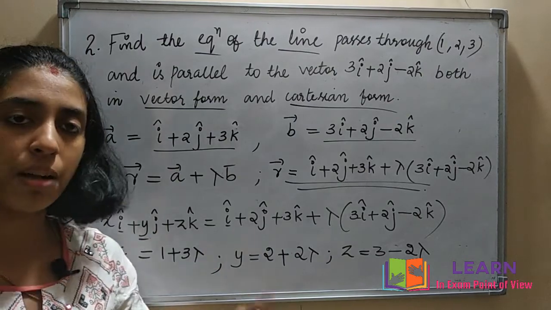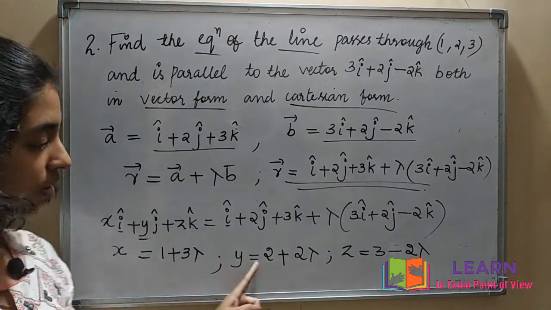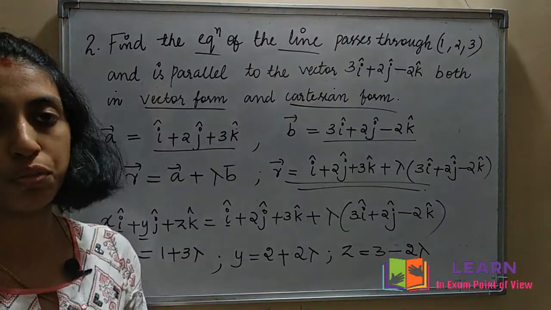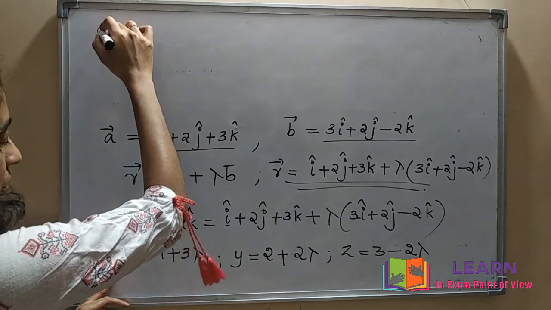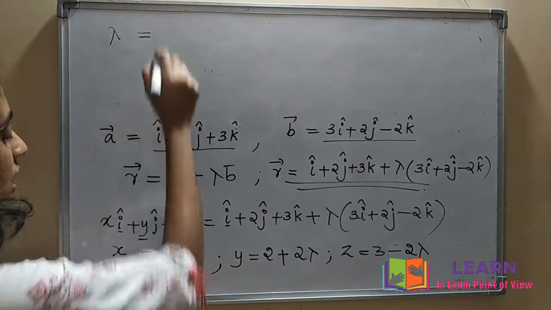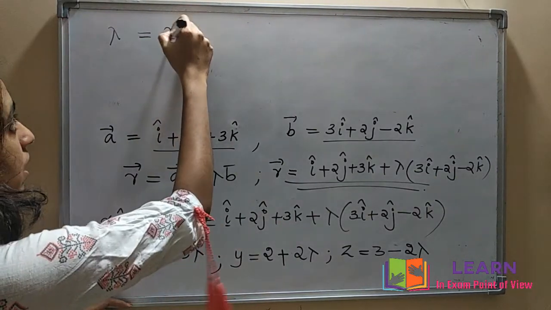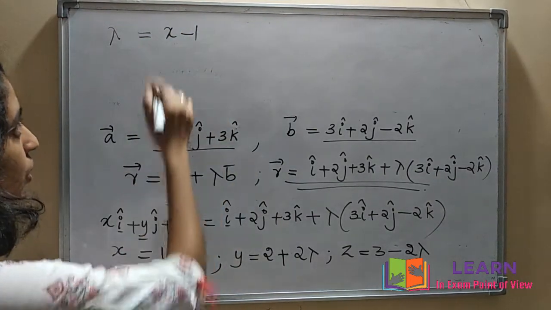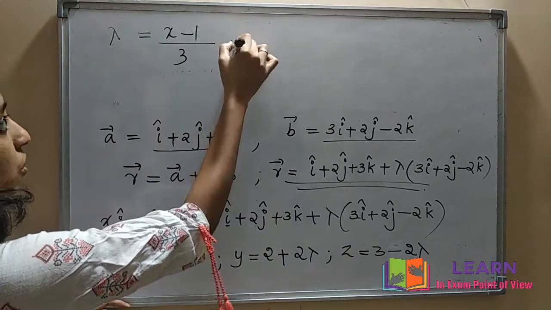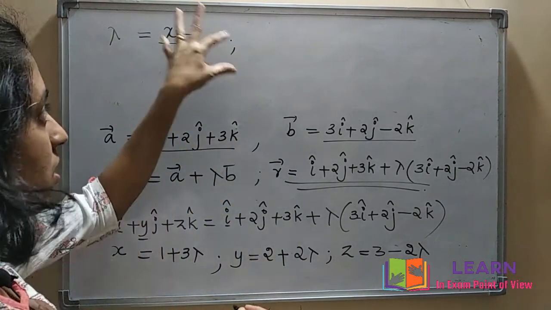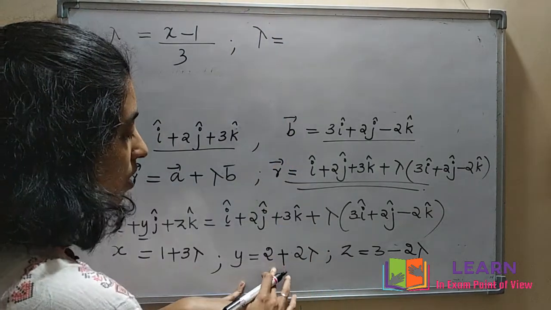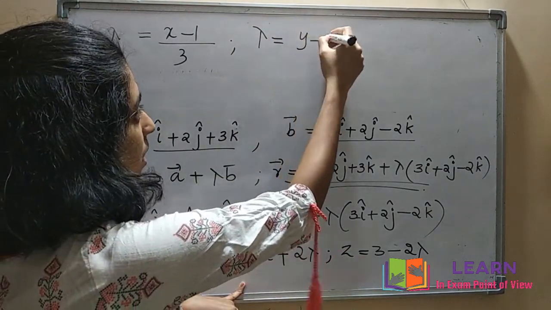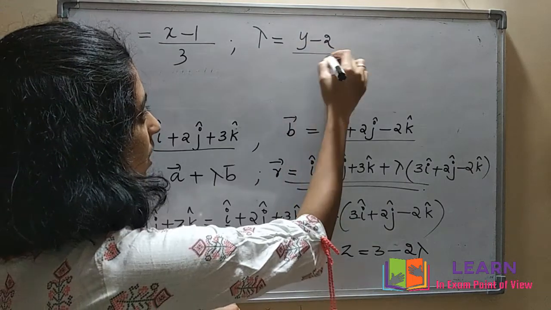Now we need to make all the three terms equal to lambda. Here, what is lambda equal to? We have lambda equal to, this 1 will move here, x minus 1, and 3 will go by. So lambda equal to x minus 1 by 3. Similarly here, lambda equal to, this 2 will move to the side, so y minus 2 by 2.